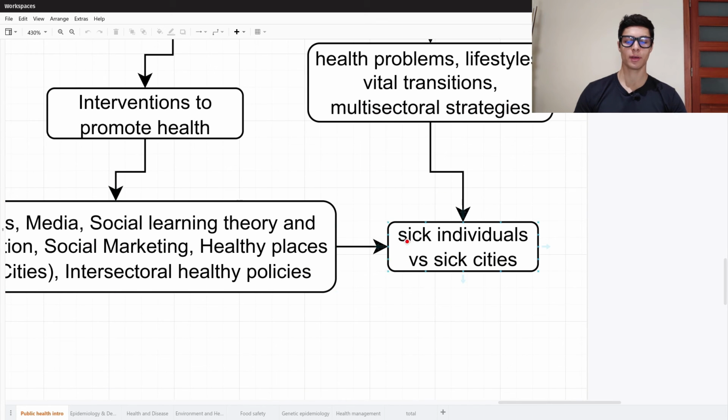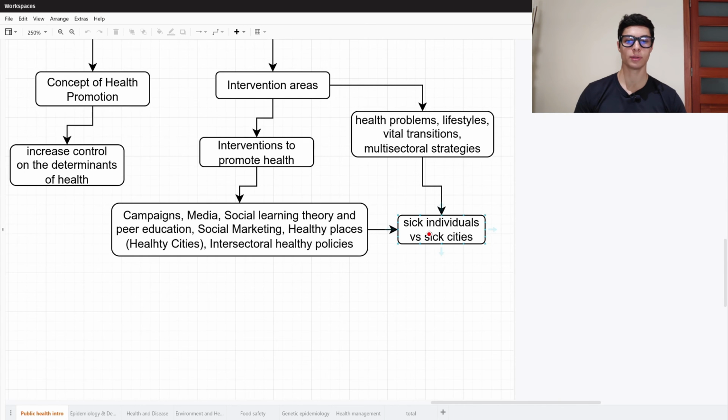And we arrive here. Sick individuals versus sick cities. What's the difference between these two? Because you have to know that if we look only at individuals, we will not see the bigger spectrum. Sick cities is the term that we use, for example, when we detect that many people on that area are sick for the same reason, and maybe we talk about a sick city.